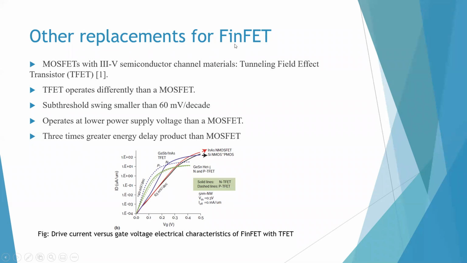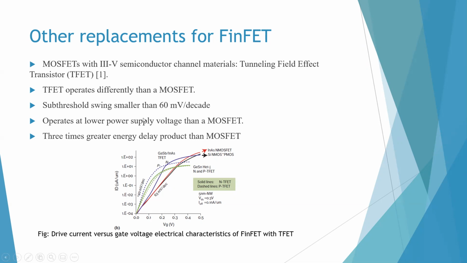So basically, the tunneling field effect transistor is another alternative transistor option that operates differently than a MOSFET.